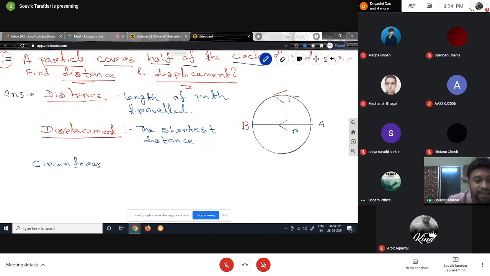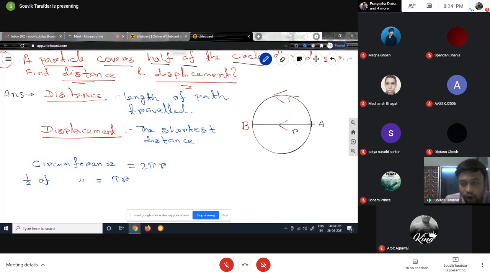So total circumference is 2 pi r. Then half of the circumference is how much? 2 pi r divided by 2 means pi into r, right?